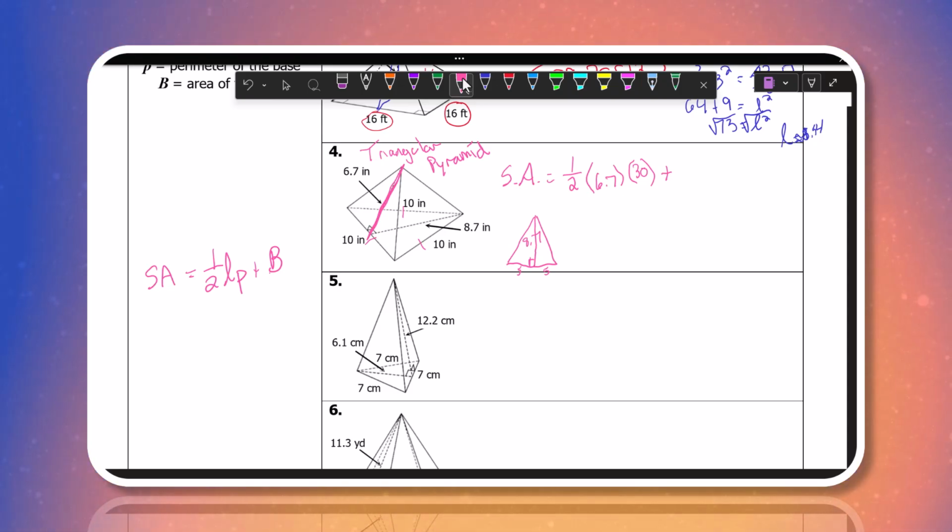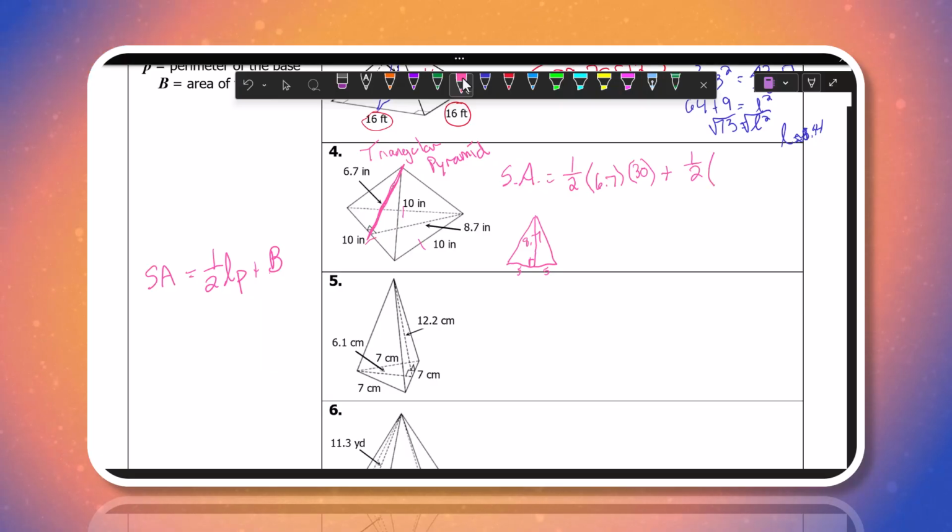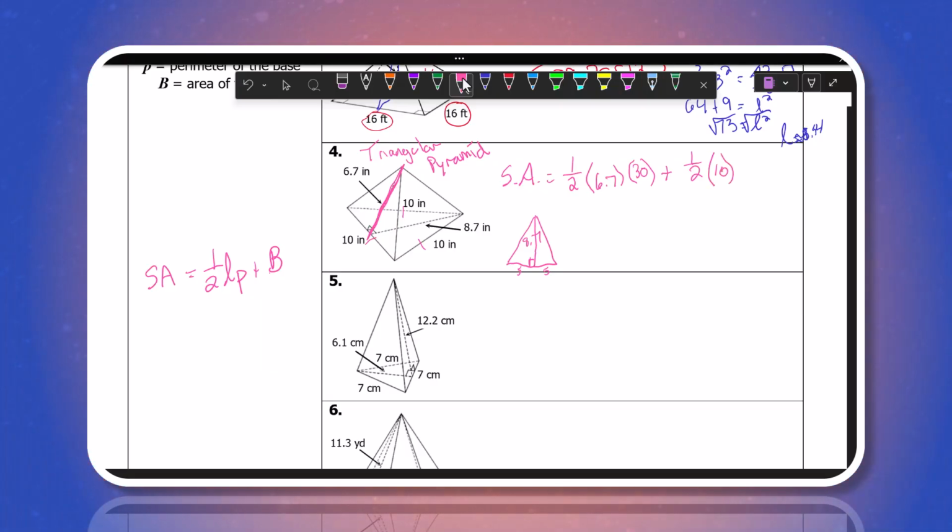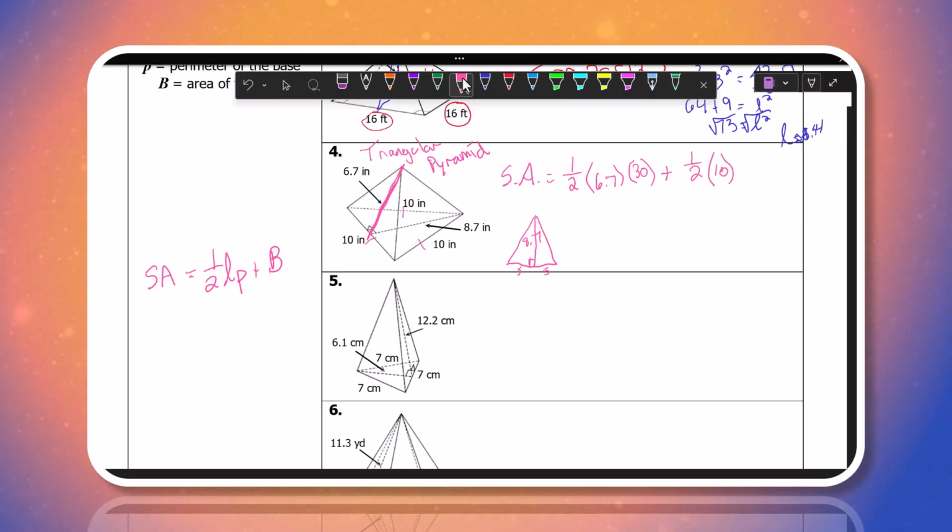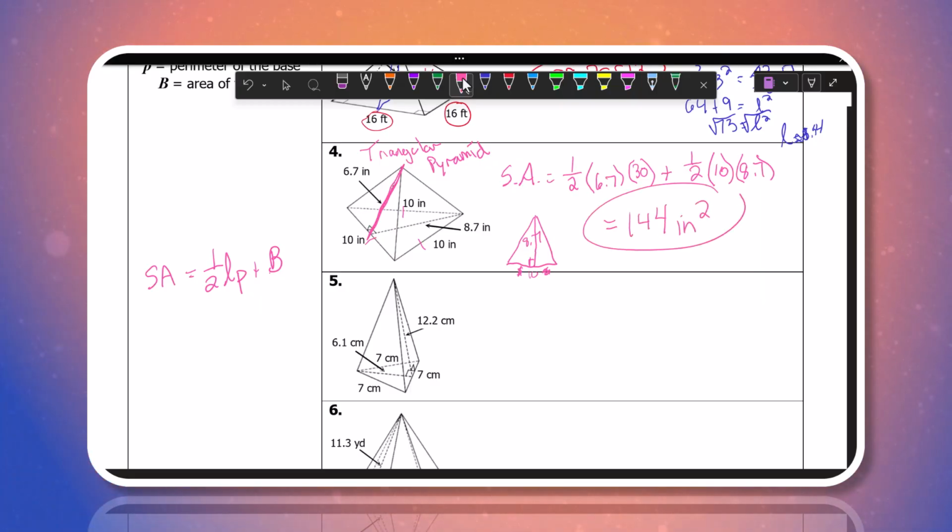So to find the area of a triangle, 1/2 the base. I guess the whole thing's just 10. We don't need those. Times our height, 8.7. Throw that in Desmos or a calculator. We get 144 inches squared. A little bit different, but not a whole lot.